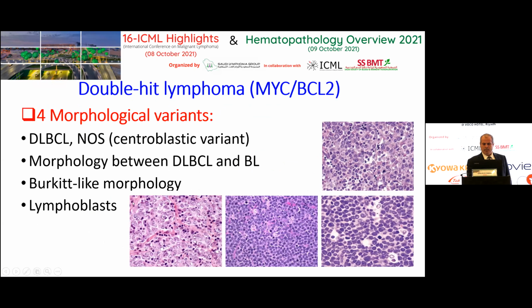Maybe Burkitt-like morphology like the top one, and maybe lymphoblast-like, the blue one on the right, this one. So we have four variants: diffuse large B-cell variant, between diffuse and Burkitt, Burkitt-like, or lymphoblast-like. So it is sometimes difficult to differentiate exactly between morphologies. And as we mentioned, it is subjective from one pathologist to another.